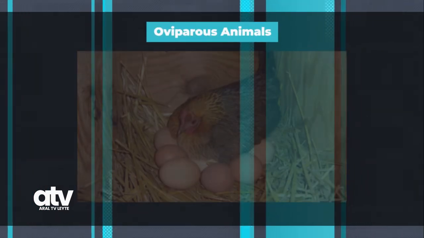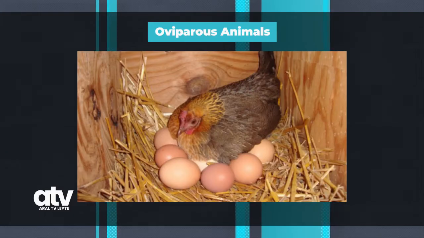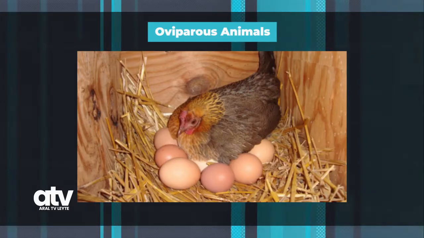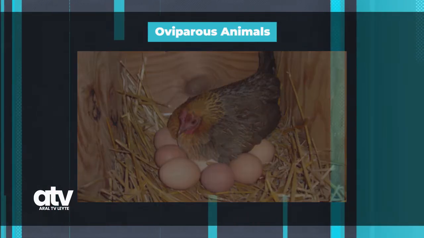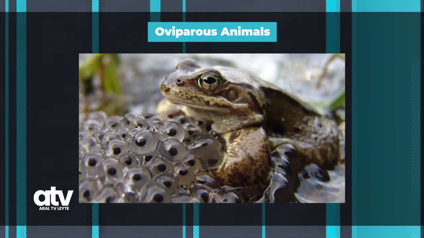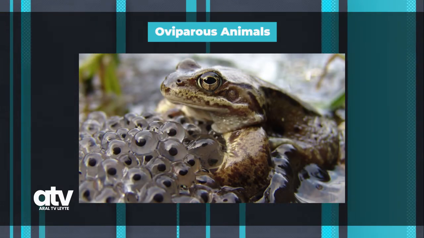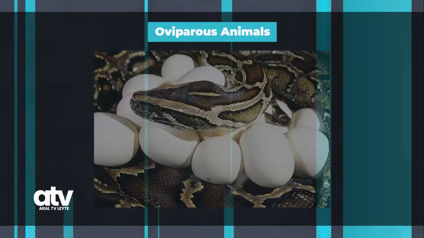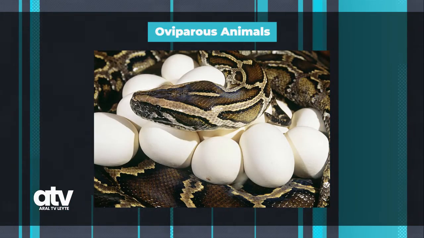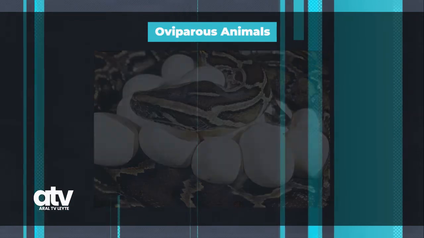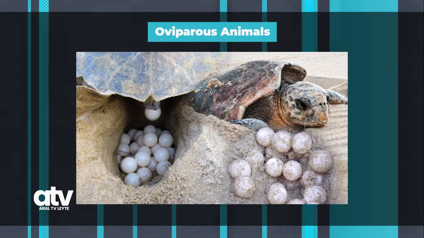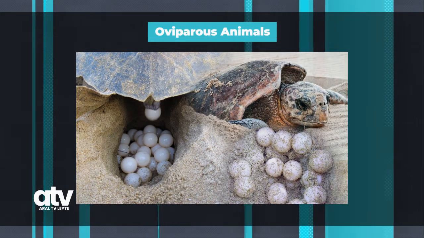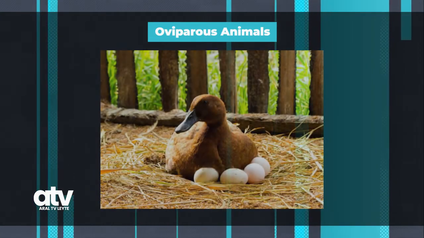Here are some examples of animals that are oviparous: chickens, frogs, snakes, turtles, and ducks.